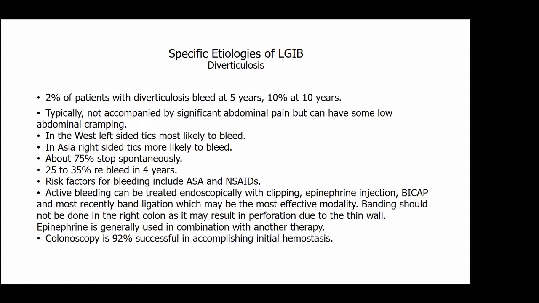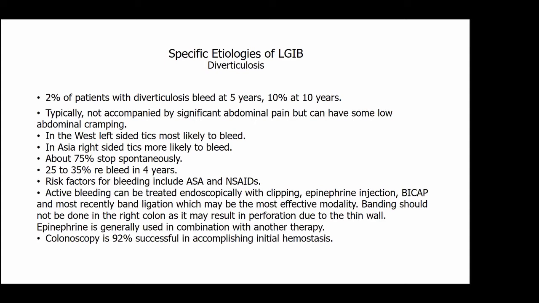In the West, left-sided diverticula are most likely to bleed, and in Asia, right-sided diverticula are more likely to bleed. Thankfully, about 75% stop spontaneously, but unfortunately, there is a significant rebleed rate. 25 to 35% will rebleed in 4 years. And risk factors for bleeding include aspirin and nonsteroidal anti-inflammatory drugs.